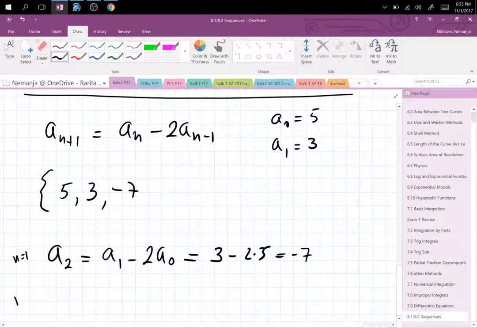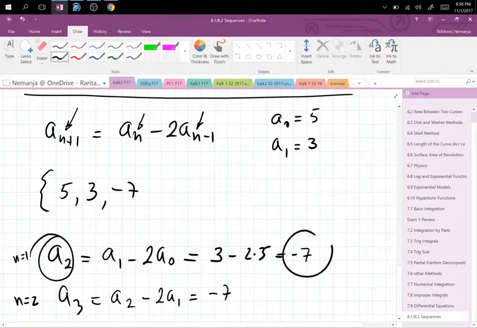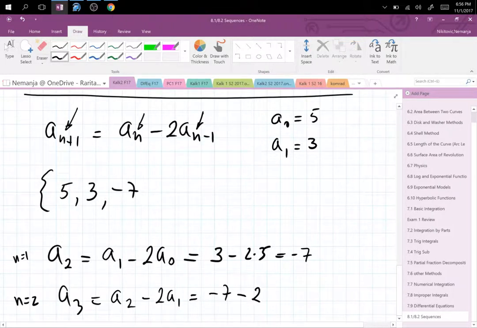So now you just go and use the next term. If n equals 2, when you plug in n everywhere, you get A3 is A2 minus 2 A1. You have the values for A2 and A1. A2 is negative 7, and minus 2 times A1, which is 3. So this is negative 13.